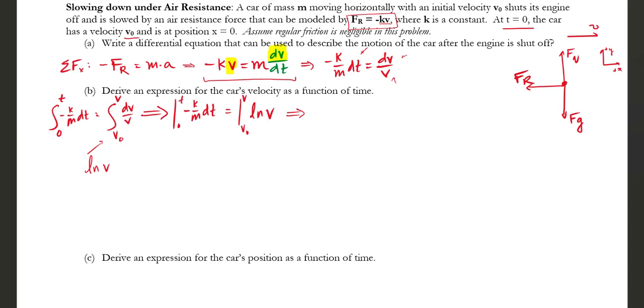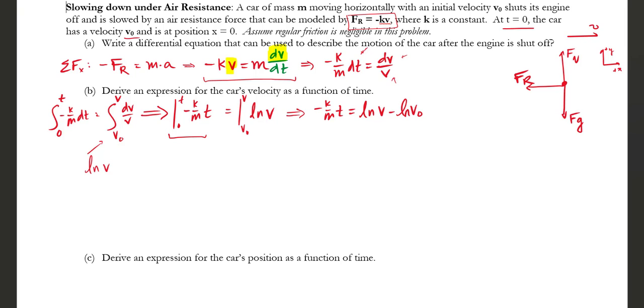So it's just a t. For our time term, when I put in 0 for time, that's just 0. So the first term becomes negative k over m t. The other term becomes the natural log of v minus the natural log of v naught.